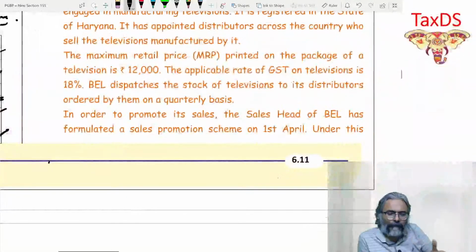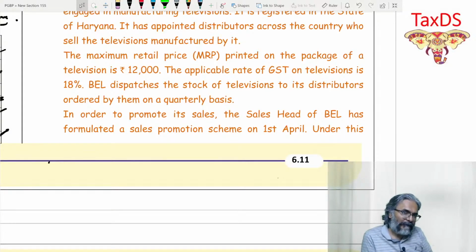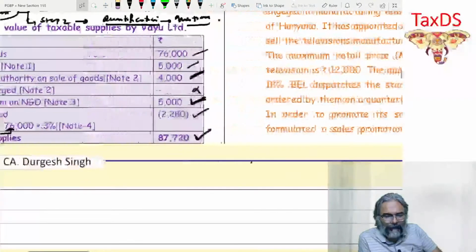In order to promote its sales, the sales head of BEL has formulated a sales promotion scheme on 1st of April. So they have formulated, students, a sales promotion scheme. Who has formulated? The manufacturing company. Under the scheme, students, be careful now.